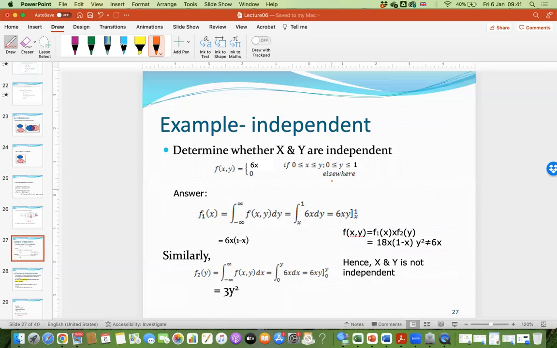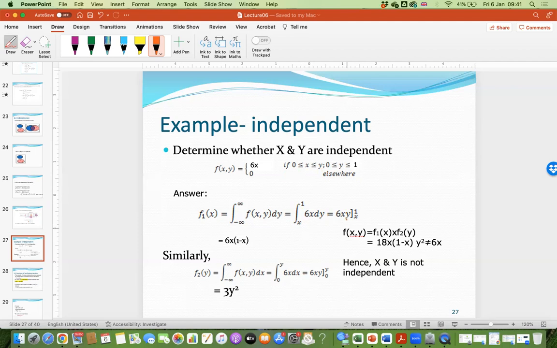I know that my x condition is between y and x, and my y condition is between 0 and 1, or x and 1.